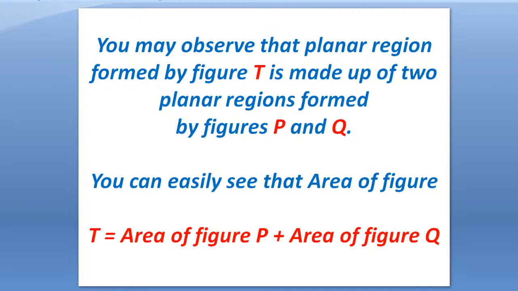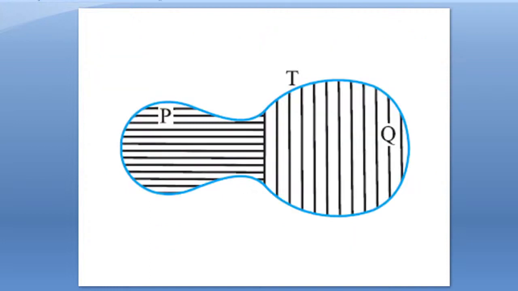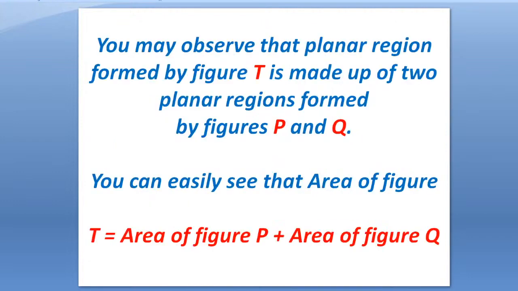So you can easily see that area of figure T is equal to area of figure P plus area of figure Q. It's easily understandable.